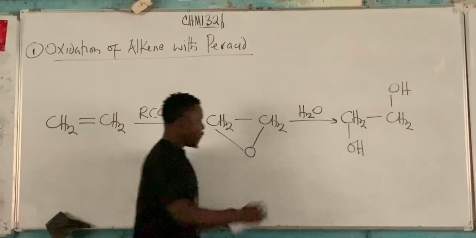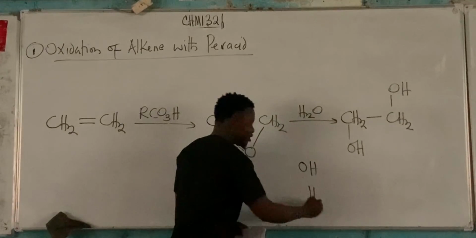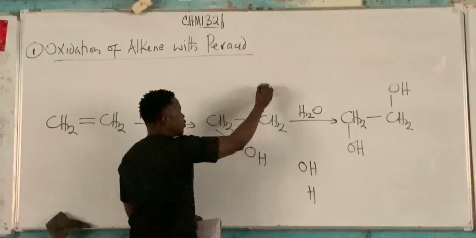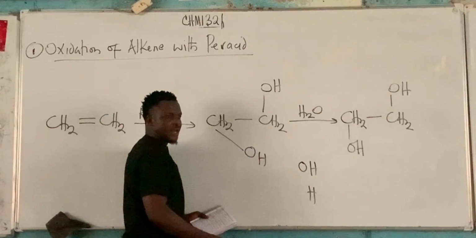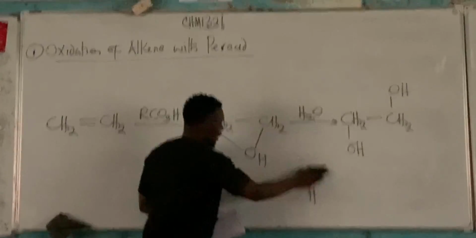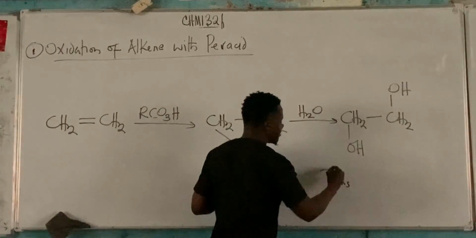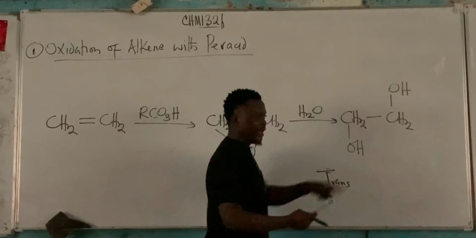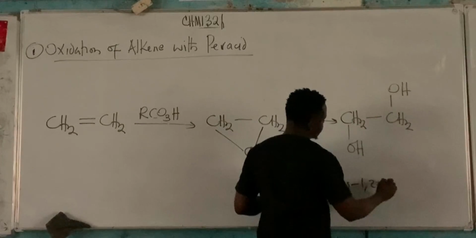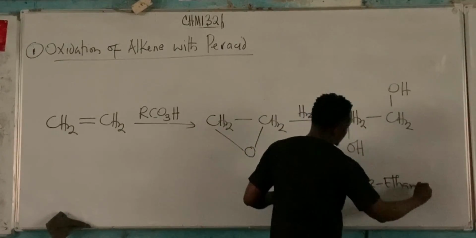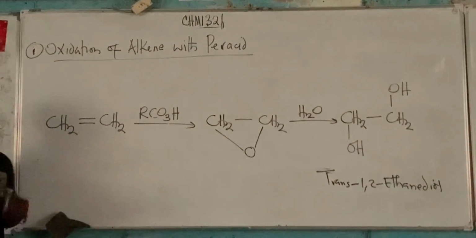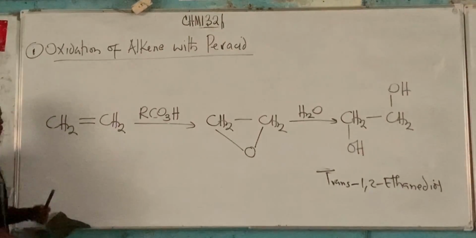Once it opens up, water is OH and H. This H adds to this guy, and the OH goes to the opposite side. We now have trans, and trans means they are on opposite sides. This is the trans 1,2-diol.